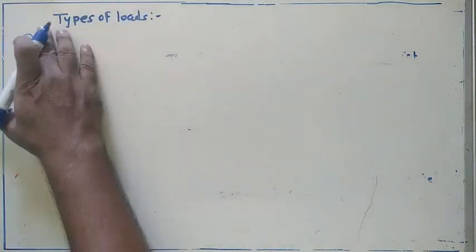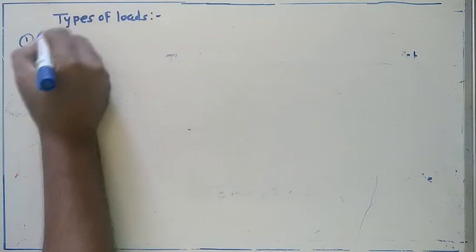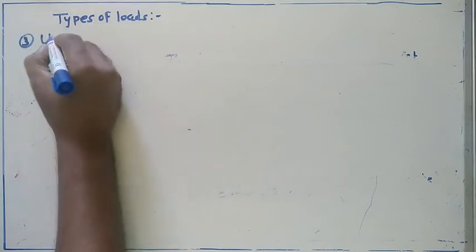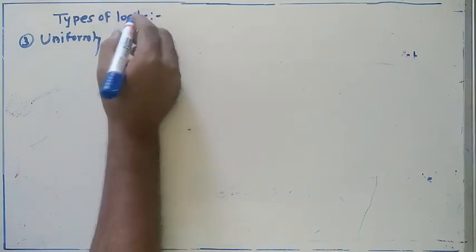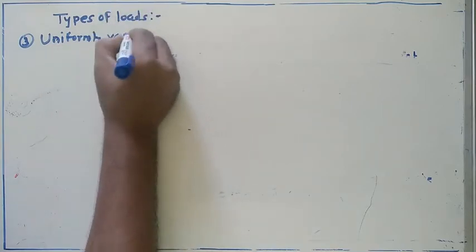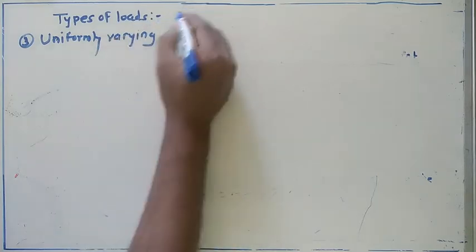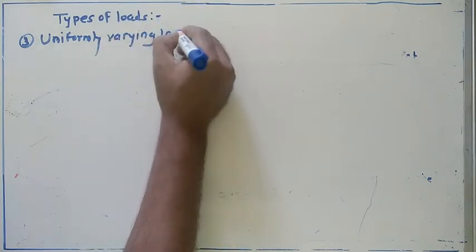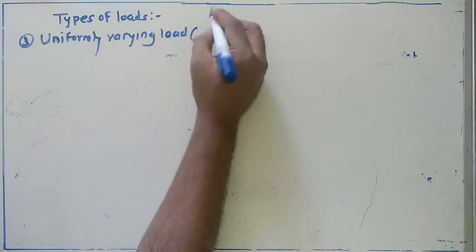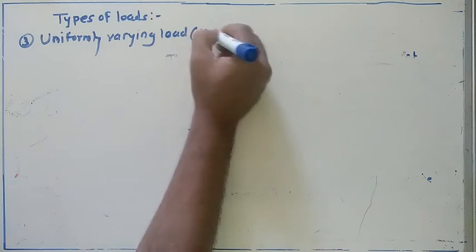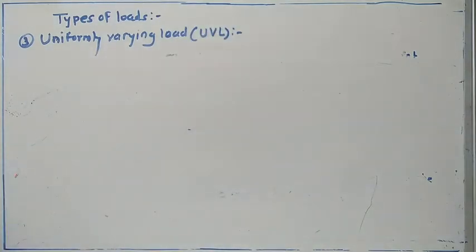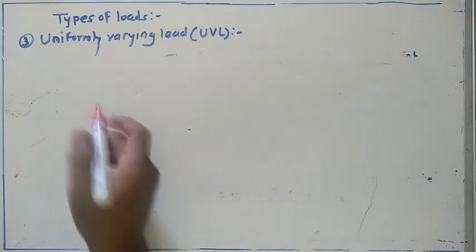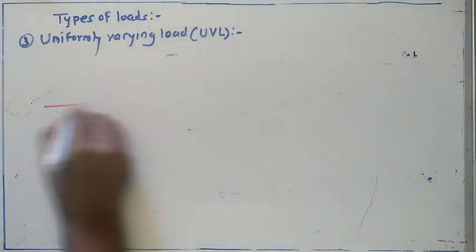So let us see the next type of load. This third one, uniformly varying load, can be shown in this way also. Uniformly varying load means the load varies over length L, like this one. Now let us see with the help of a diagram so that you can get it clearly.